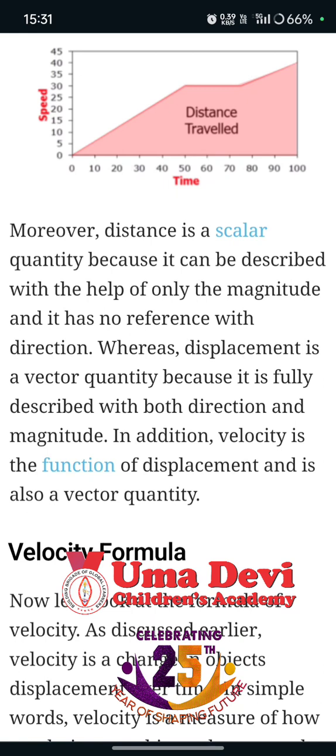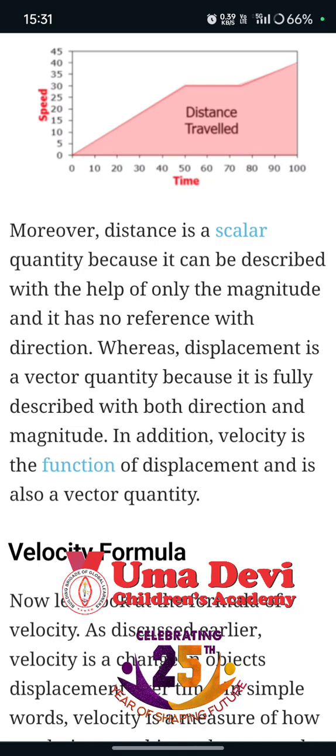But in the case of speed, it can be explained only with the help of magnitude. But when you try to explain the velocity, you will not be able to explain it only with the magnitude. You also need the direction.